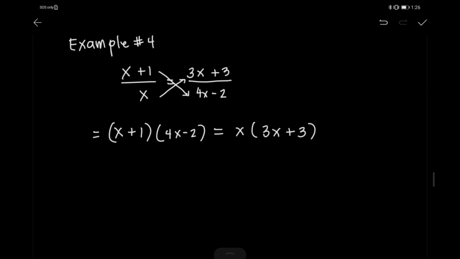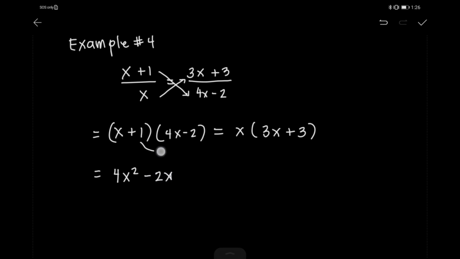Then we have to multiply two binomials, so we use the FOIL method. x times 4x is 4x squared. Then x times negative 2 is negative 2x.